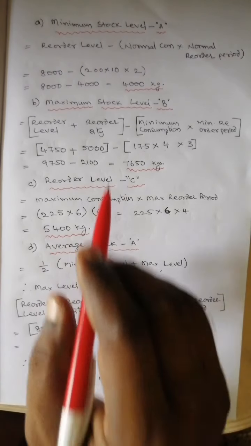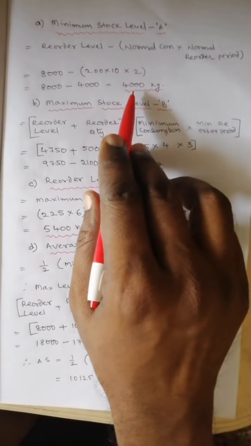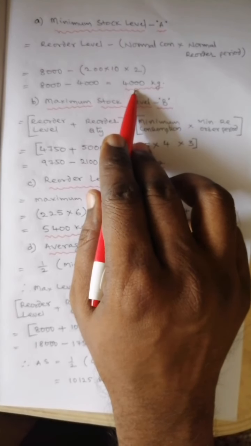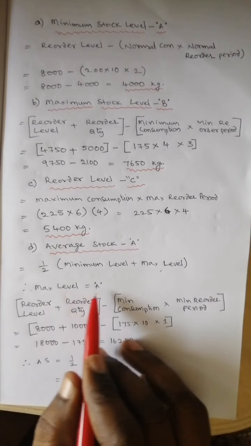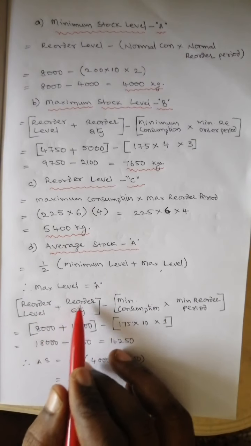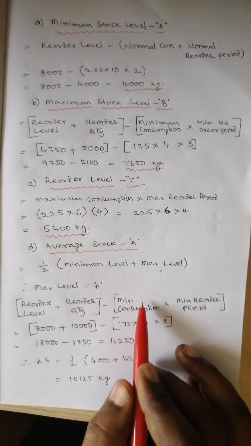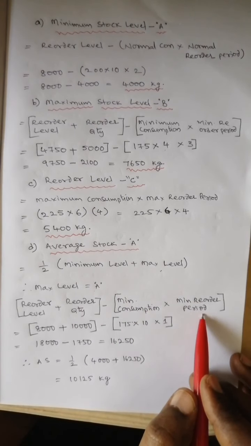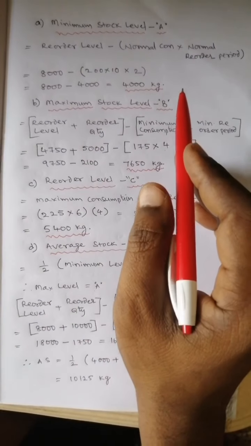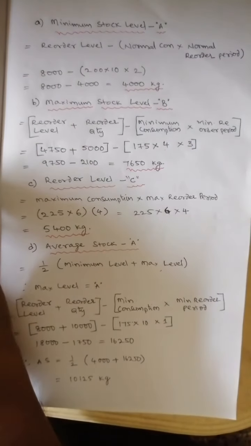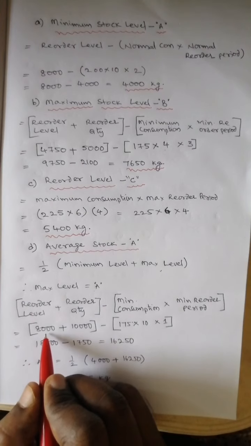So the minimum level is already computed for material A, which is 4,000 kgs. Only the maximum level is not available. Maximum level of A is equal to reorder level plus reorder quantity minus minimum consumption into minimum reorder period. Reorder level is already available in column number 6, 8,000.